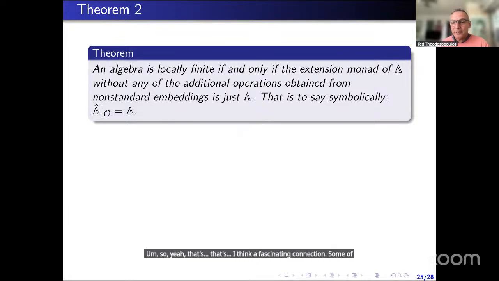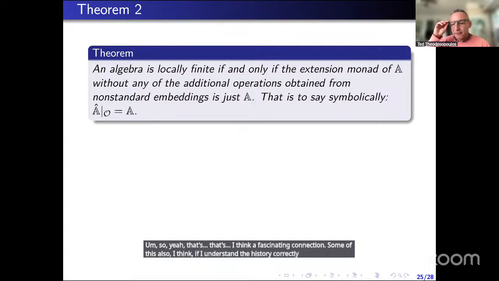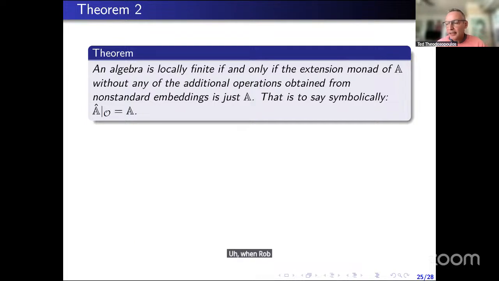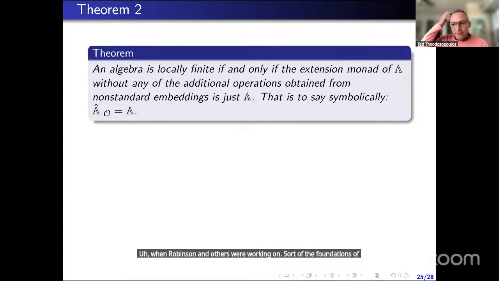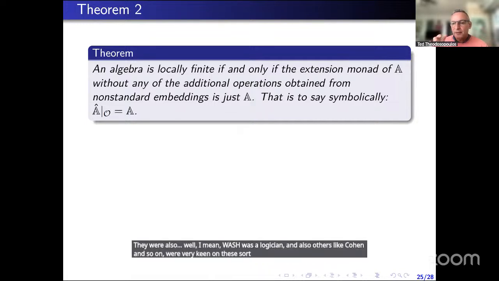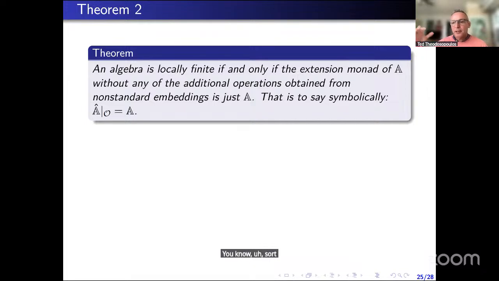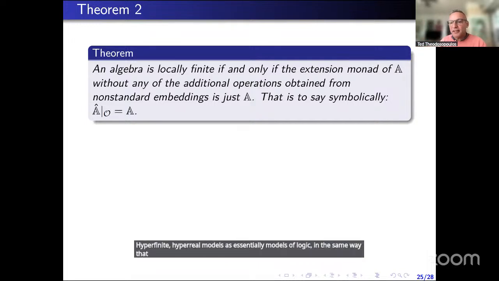Some of this also, if I understand the history correctly, and maybe Irfan, you know better, at the time when Robinson and others were working on the foundations of this, Wash was a logician, and others like Cohen were very keen on these hyperfinite, hyperreal models as essentially models of logic, in the same way that traditional set theory was used as a model for Boolean logic, right?